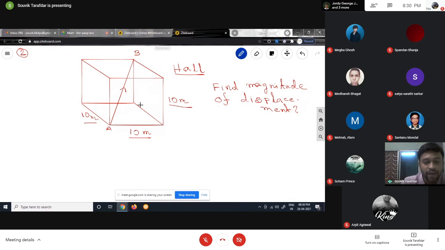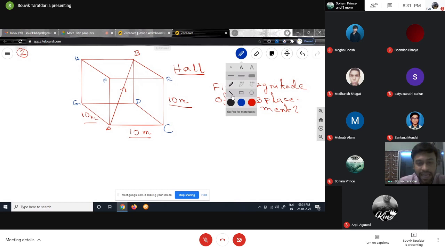Let me give names to the other corners also. If this is A, this one is B, then this is C, this is D, this one let us take E, this is F, this is G, this is H. Now, if I want to find the distance from A to B, what can I do? If anything is coming into your mind, you people can add.